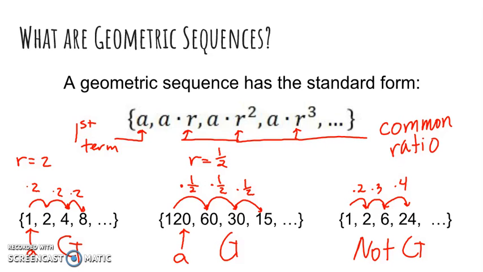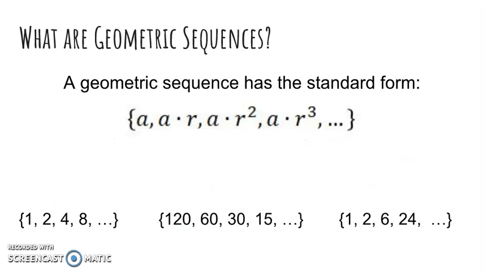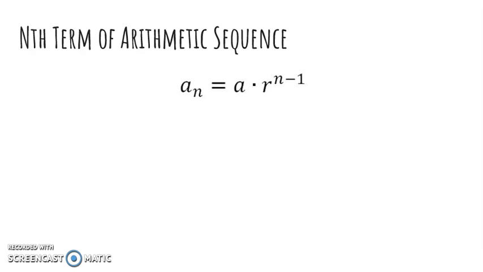There is also an nth term formula for your geometric sequences. It looks a little bit different. It is A sub n equals A times R to the n minus 1 power. Again, my n value is what term?